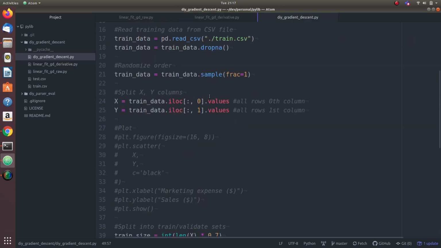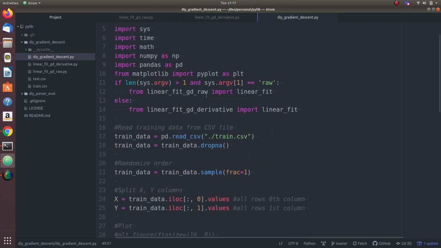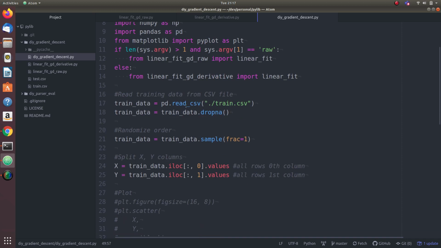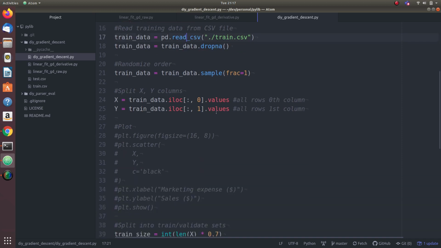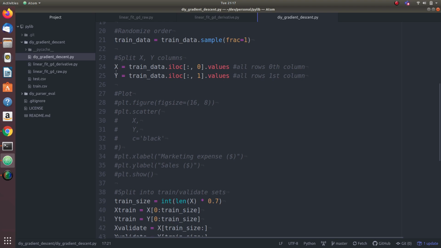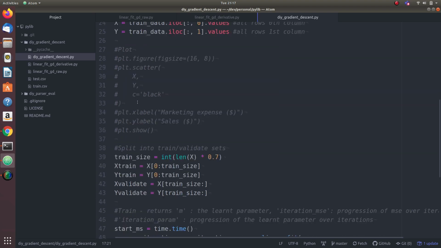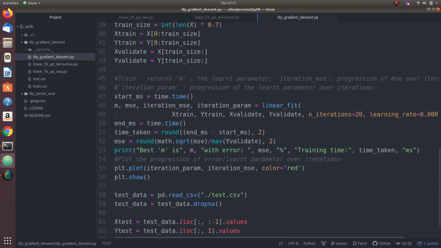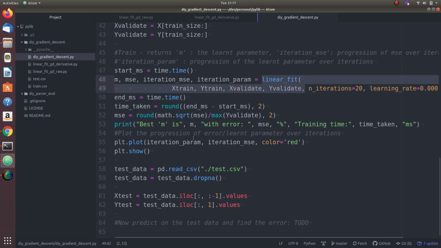And this is the main module. Here you can see the flow of a typical machine learning training module. We first read the training data, and then take the x and y values. Then we split into training and validate sets, and then we pass them to the training function, and then we just give the training statistics.